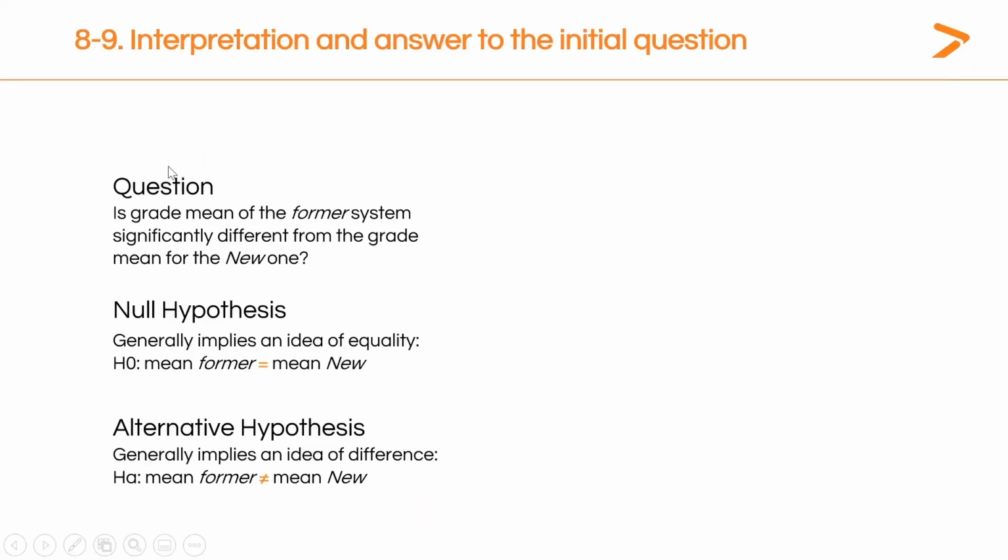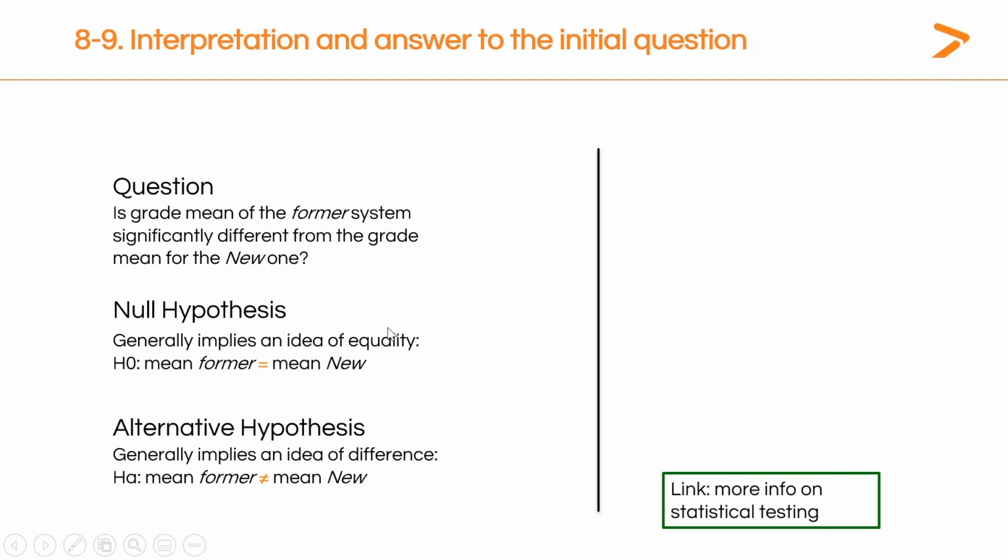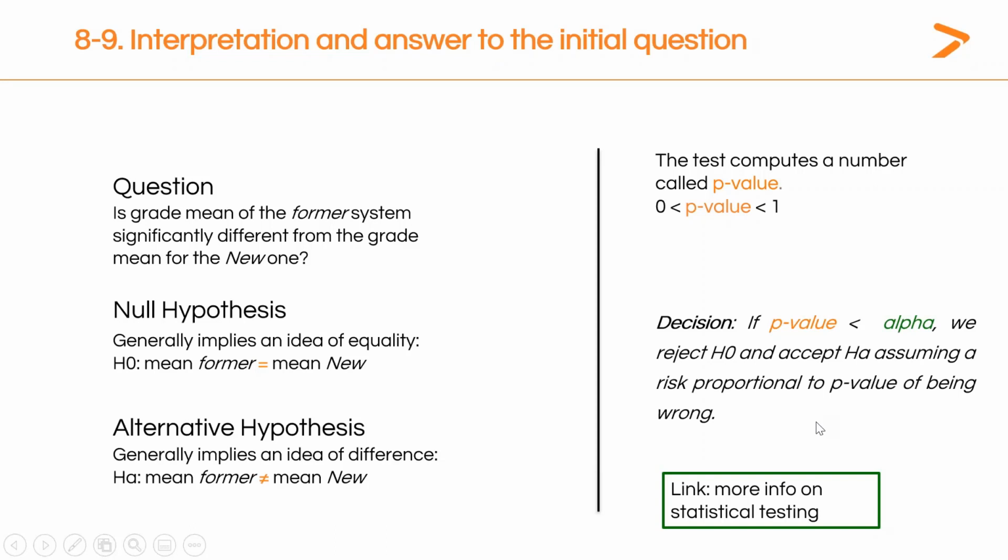So here I wrote back the question, the null hypothesis and the alternative hypothesis, and I got a number called p-value out of the test. The p-value is a probability value, so it's bounded between 0 and 1. How to interpret this p-value? You need to compare it to the risk threshold alpha. If the p-value is lower than alpha, you reject H0 and accept HA, assuming a risk proportional to the p-value of being wrong.